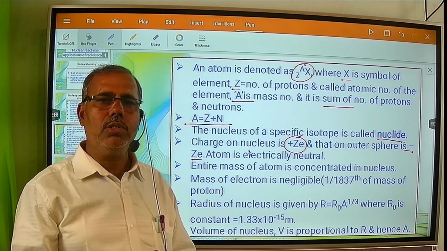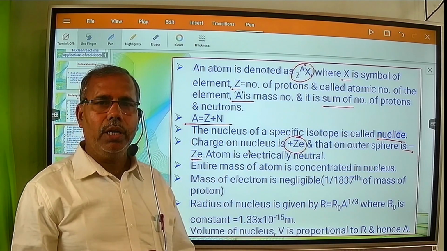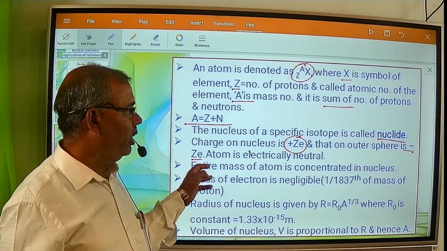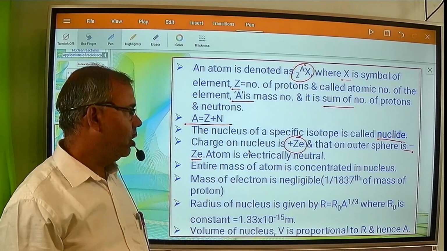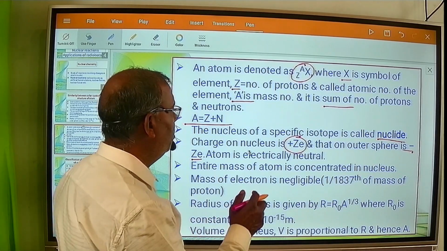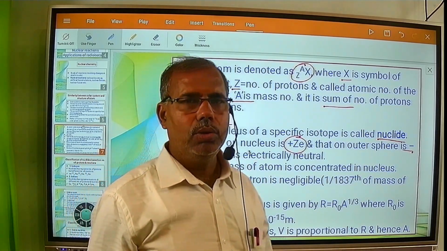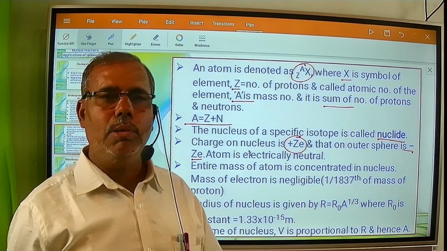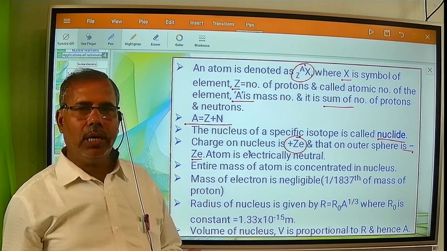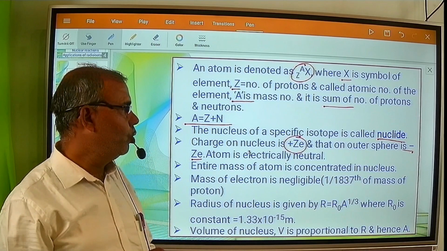Because electrons carry negative charge, Z will again be the number of protons equal to number of electrons, and e will be the charge on the electron. So the charge present outside the nucleus will be minus Ze. The atom is electrically neutral. Because the number of protons and number of electrons are equal, the number of positive charges and number of negative charges will be equal, and therefore the total atom will be electrically neutral.